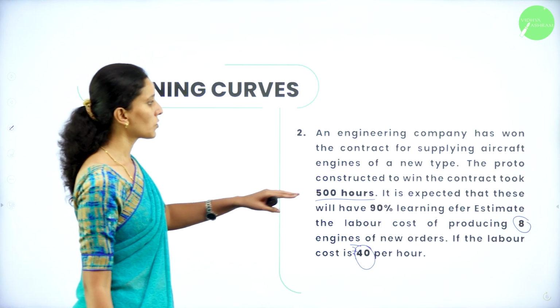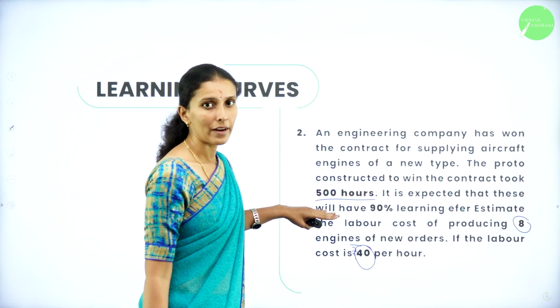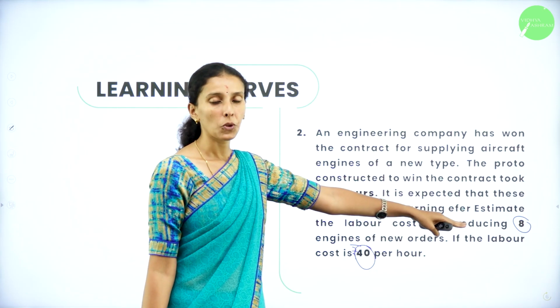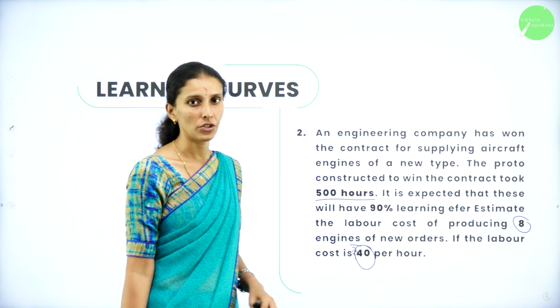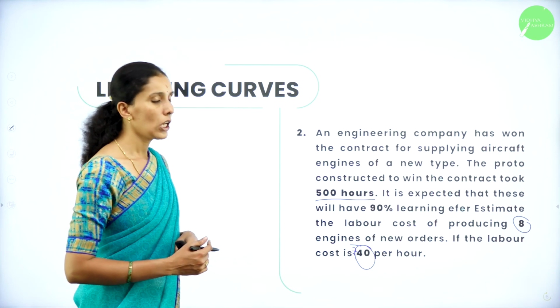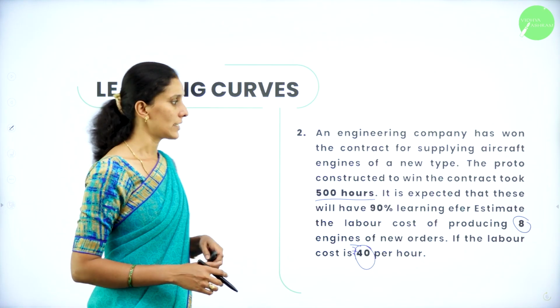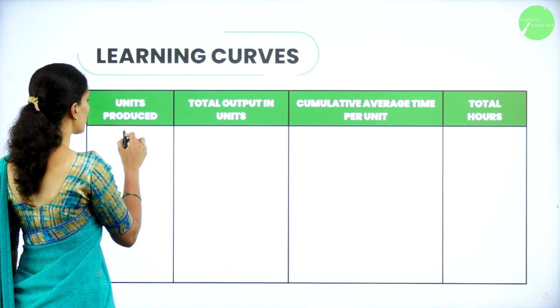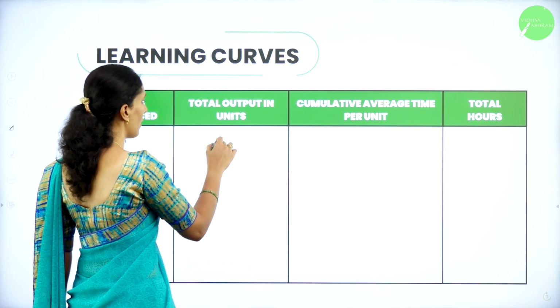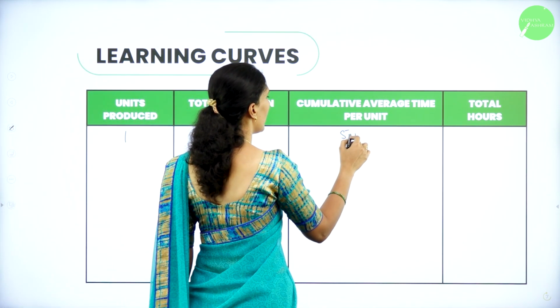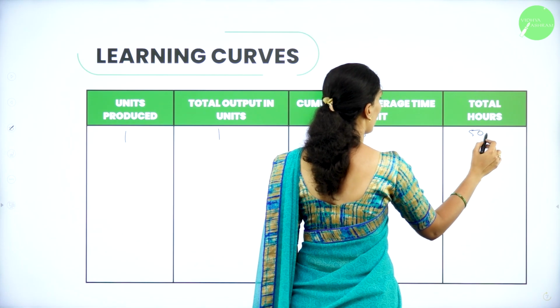Now to produce 1 engine, they took 500 hours. Let me calculate the total number of hours for 8 engines. And we will also find the cost for 8 engines. Again, units produced is 1, output is 1, time is 500. So this is again 500.